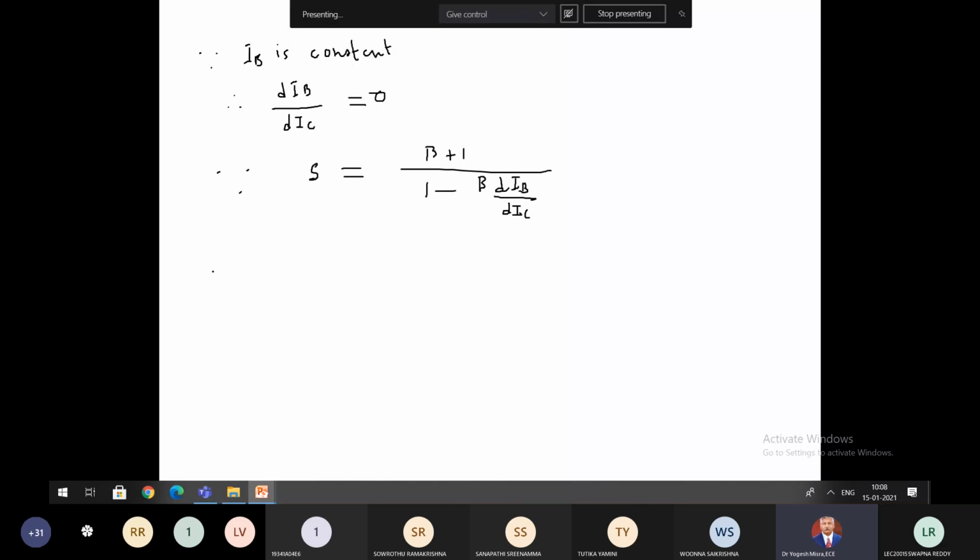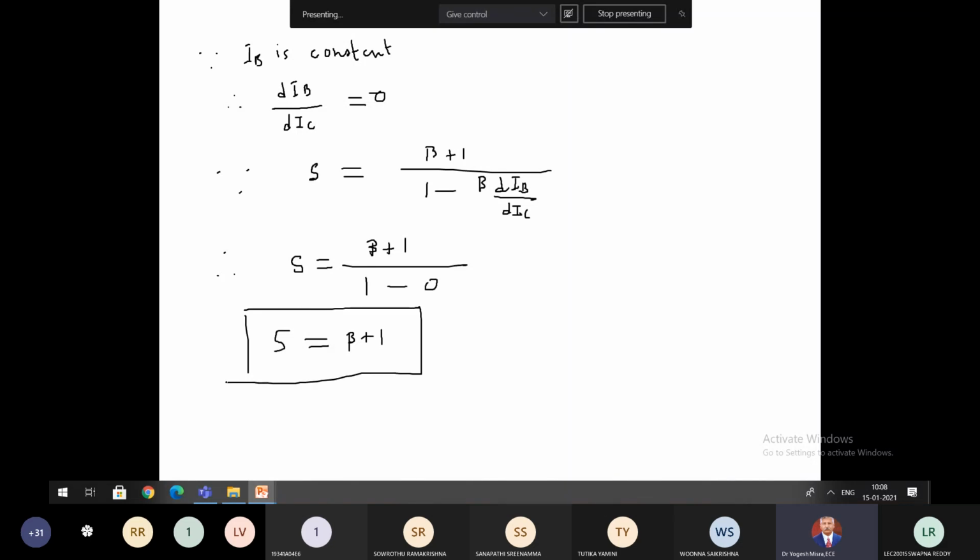Therefore S will be equal to (beta plus 1) divided by (1 minus 0), because dIB by dIC is 0. So here S will be beta plus 1. This is the value of the stability factor in case of fixed biased circuit.